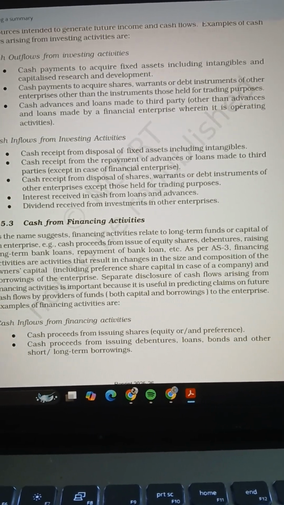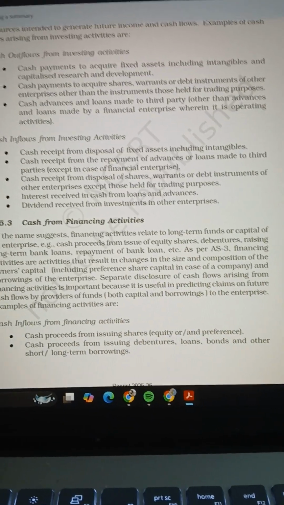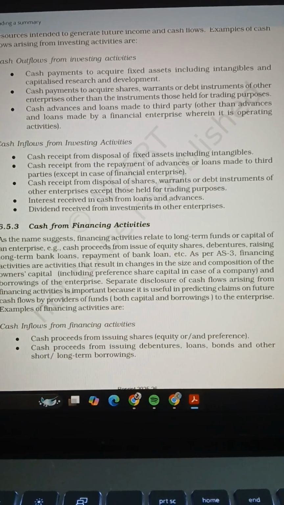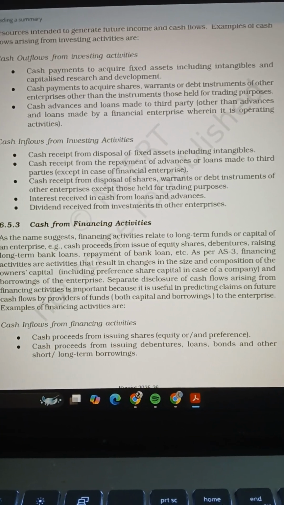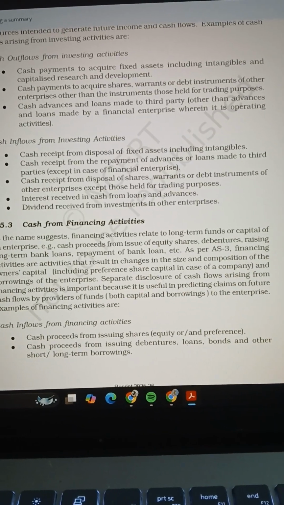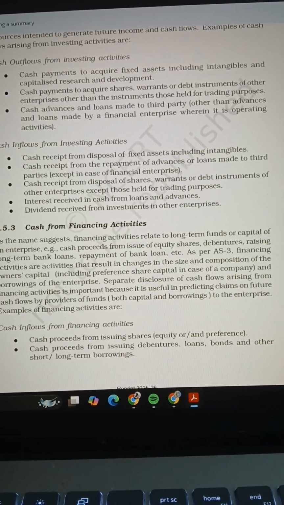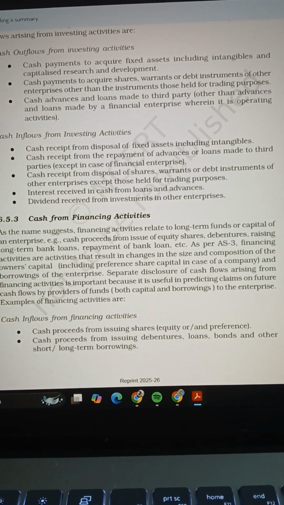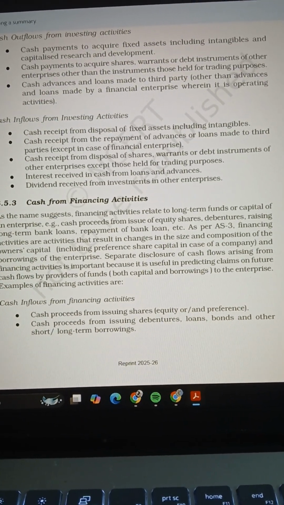Then cash inflows from investing activities. As discussed earlier, the cash inflows and outflows under the particular headings, that is operating, investing or financing activities, have to be studied. Then only we can do the problem properly. Cash inflows from investing activities: cash receipts from the disposal of fixed assets including intangibles.